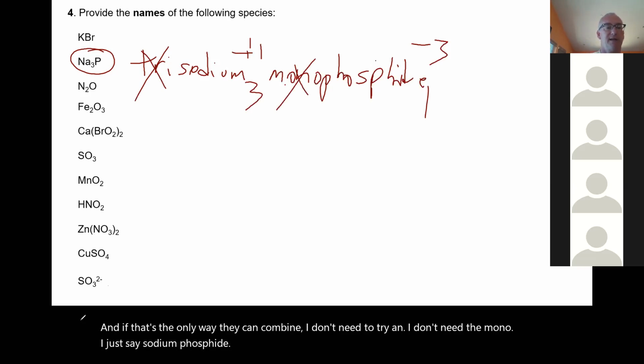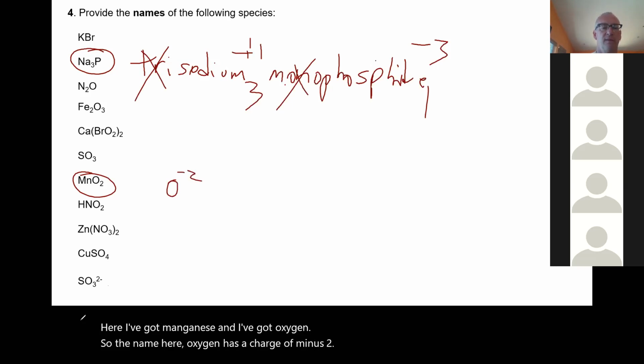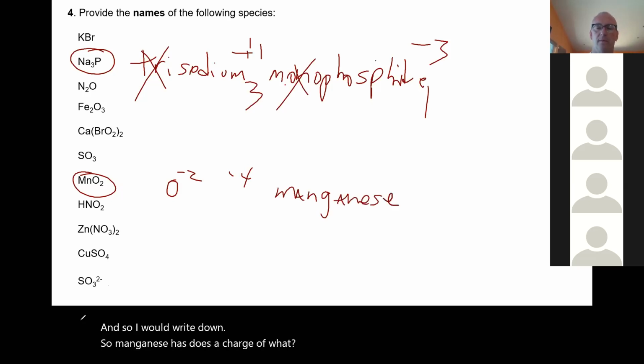I just say sodium phosphide. And that's the case here. Here, I've got manganese and I've got oxygen. So the name here, oxygen, has a charge of -2. So the total charge of the oxygen is -4. And so I would write down manganese oxide.